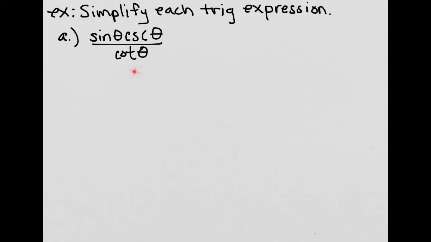So here we're given sine theta cosecant theta over cotangent theta. We want to simplify this. A good way to start these problems is to rewrite these in terms of sines and cosines. So cosecant I know is 1 over sine, and cotangent I know is cosine over sine.